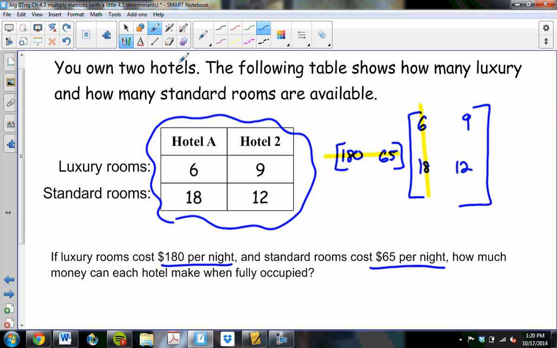That will give me all the income from Hotel A. So we do 6 times 180, 180 times 6, and 65 and 18. Change those colors again, 65 and 18. And whatever that comes out to, that's how much money Hotel A made.